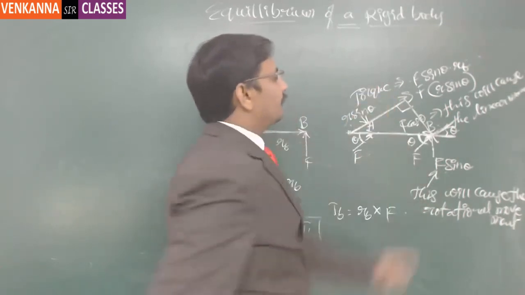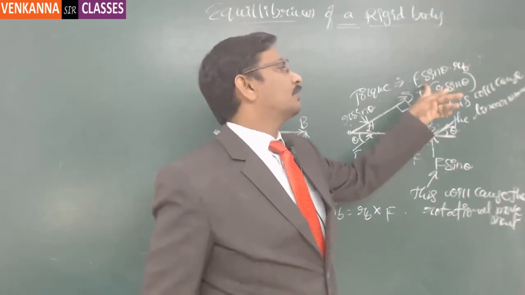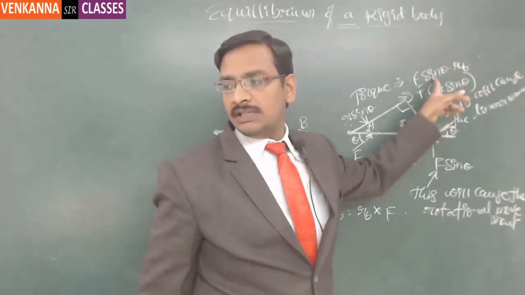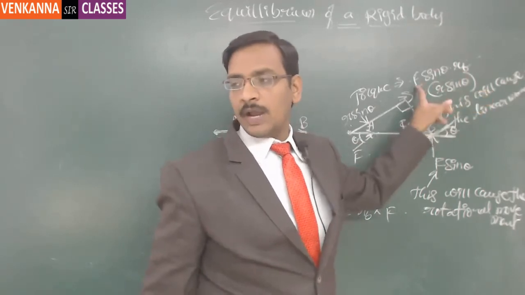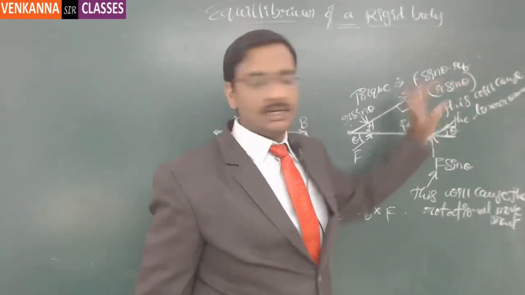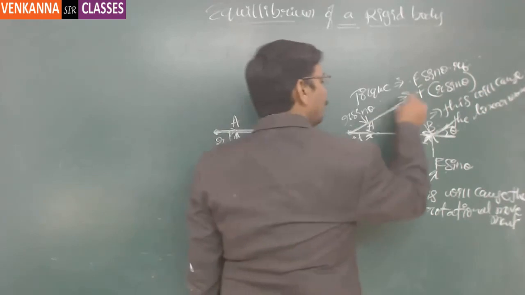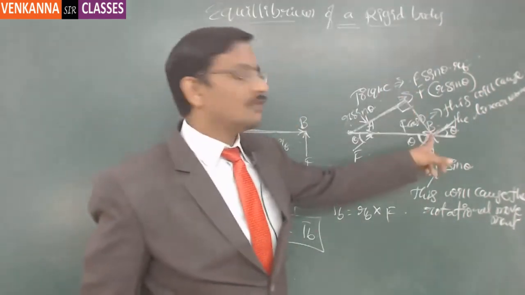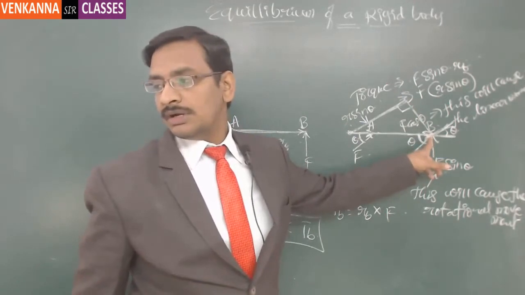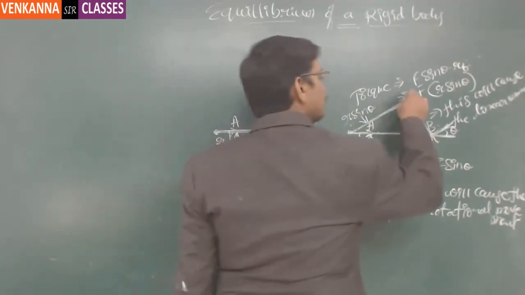Now I have separated F from R sin theta. I have written sin theta with R and kept F alone. R sin theta is always the perpendicular distance from the origin to the line of action of the force. Got it? So this perpendicular distance is nothing but R sin theta.